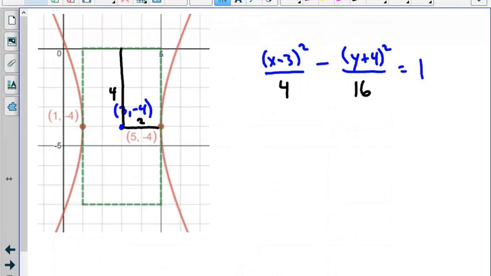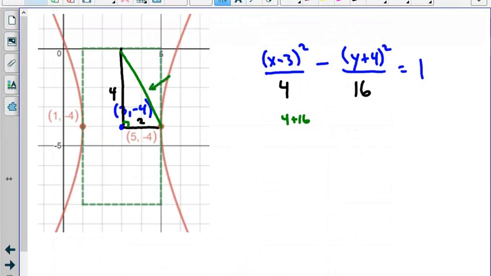Now, if we want to go back and do any of the other things that are required from a hyperbola, we can also do that just given the graph. So if it asks for where the foci are, we would figure out the length of this right triangle. You may have been taught to do 4 plus 16 and add the denominators in a hyperbola, but it's also the length of the hypotenuse of this right triangle.